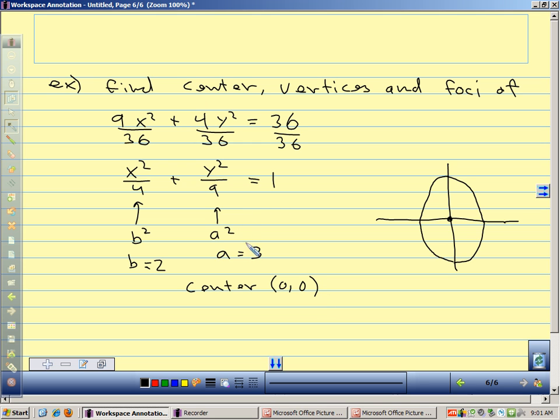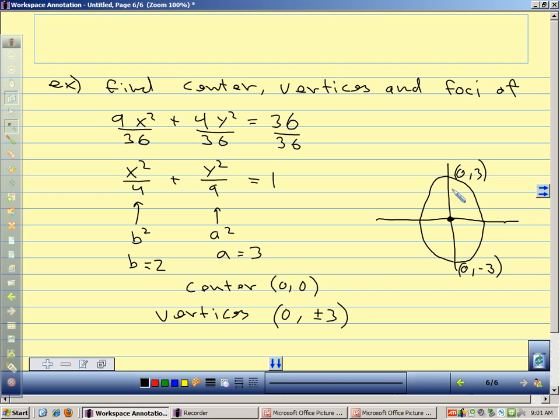The vertices. To find the vertices for a vertical major axis, I'm going to go up and down a units from the center. So if I go up a units, this is going to be at 0, 3. And if I go down a units, it's going to be 0, negative 3. So my vertices are 0, plus or minus 3.